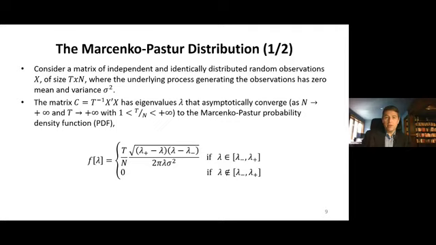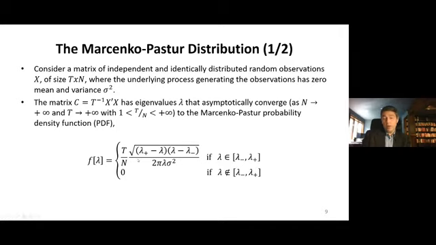Well, what the Marchenko-Pastur theorem tells us is that the eigenvalues associated with the matrix C, which is essentially the covariance matrix of X, will follow this distribution. The eigenvalues will follow this distribution, all right?